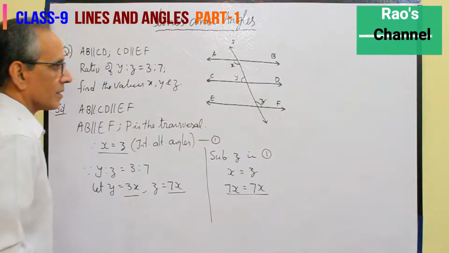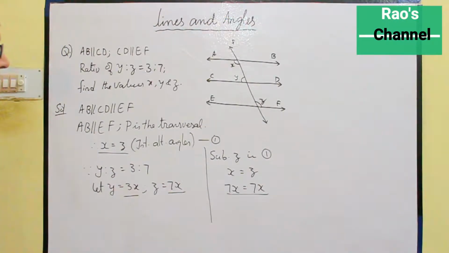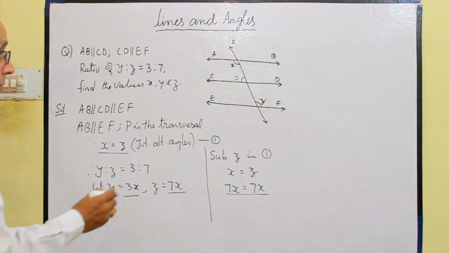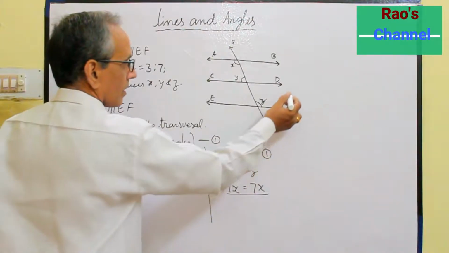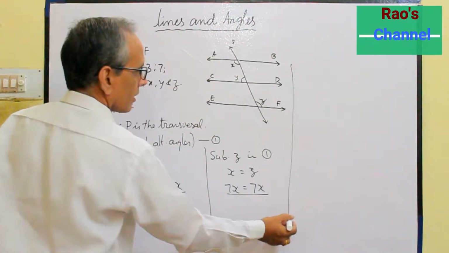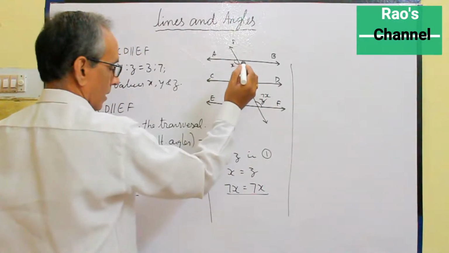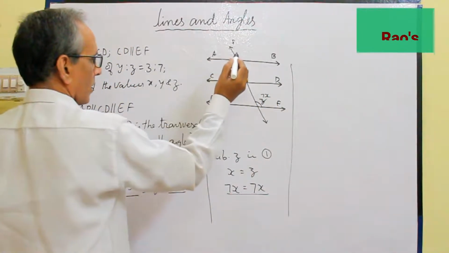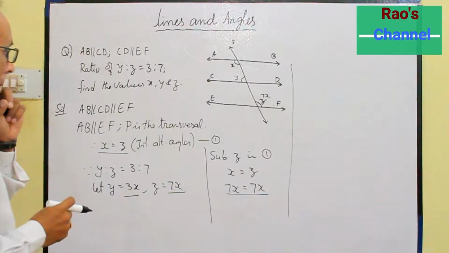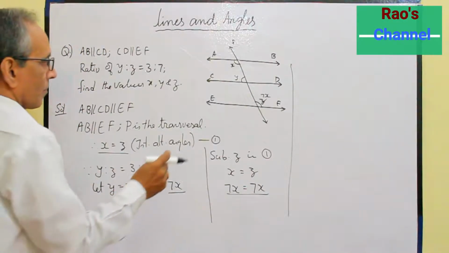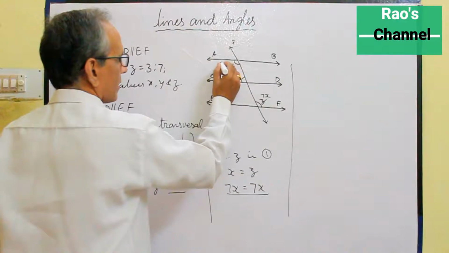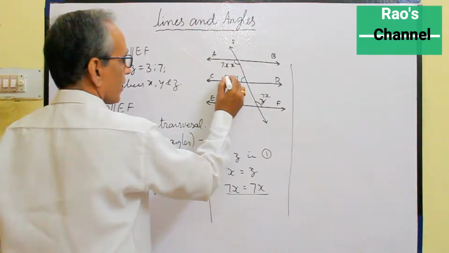Both are 7x. Now come to the final point. Let me write. X is 7x and Y is 3x.